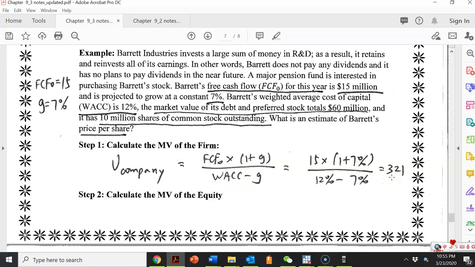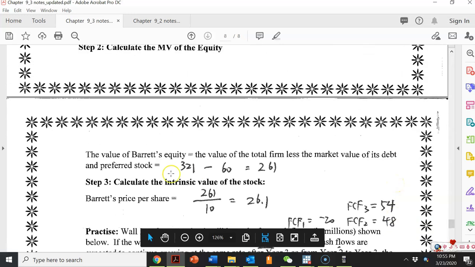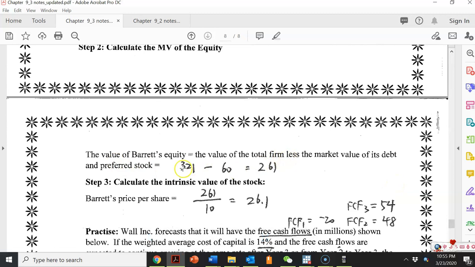Compared to our first case where we have a 2-stage model for the free cash flow model, here we only have 1 stage, so we can get the company value easily. Step 2, we get the market value of equity by using the value of the total firm, 321, minus the market value of the debt and preferred stock.